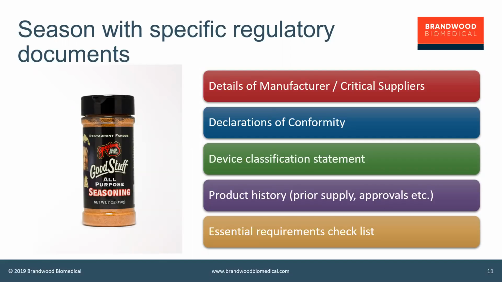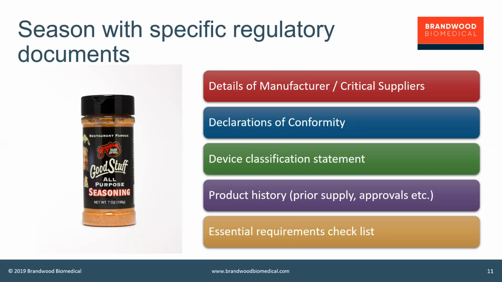Because ultimately, you can create that set of documentation that includes those specific geographical regulatory requirements at the beginning and be efficient so that when you do decide to move into those regulatory pathways or into specific geographies, you have that documentation existing.